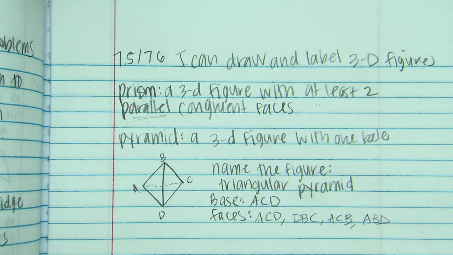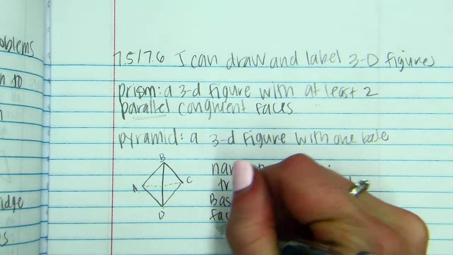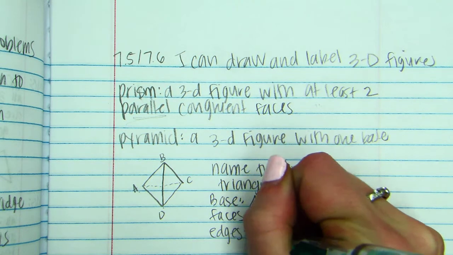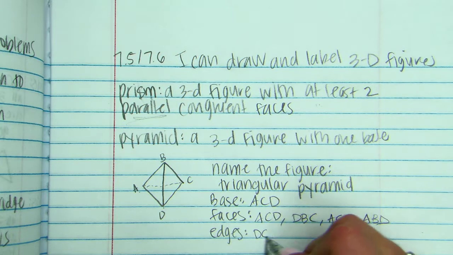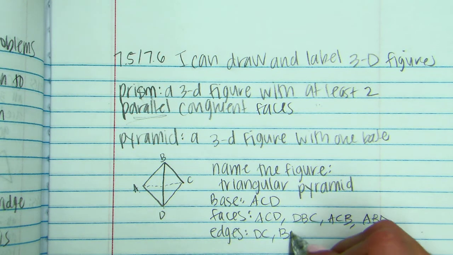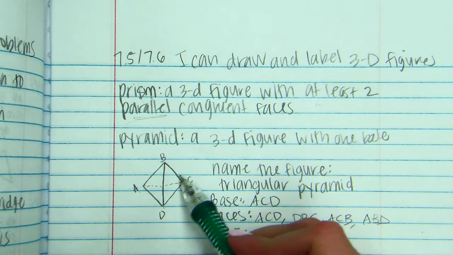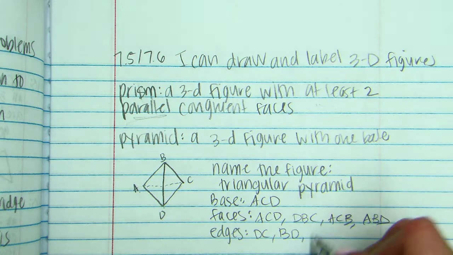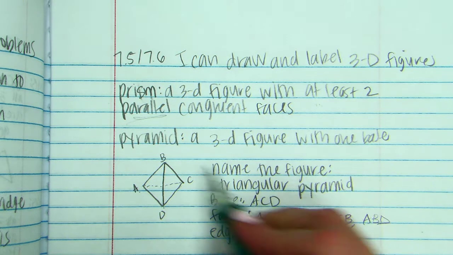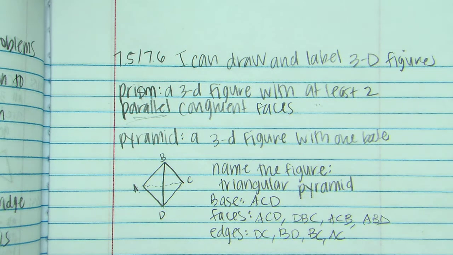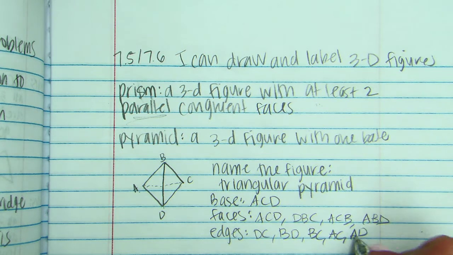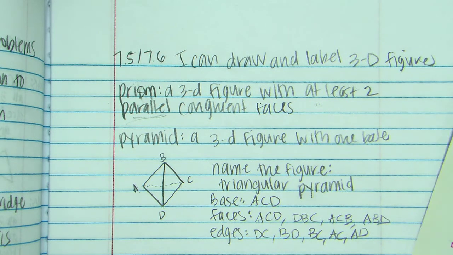We also have to name the edges. The edges are where two planes intersect at a line. So the edges on this one would be DC, BD, BC would be an edge, AC would be an edge, AD would be an edge, and we should have one more.